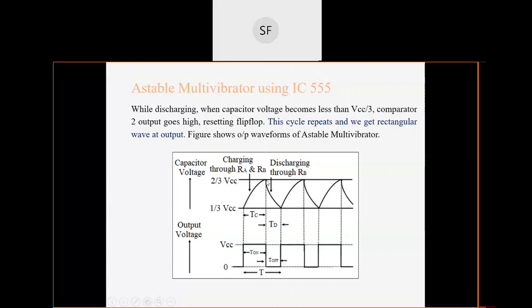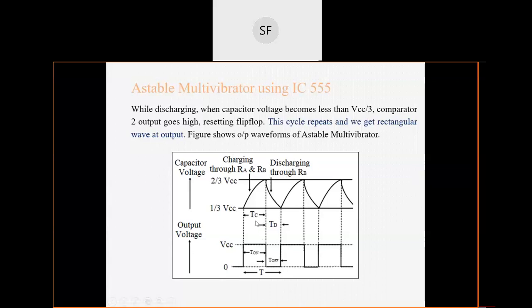It will change its state and the capacitor will start discharging. So while discharging, the output was at the low state. Similarly, for charging again high, and discharging again low: high state, low state. Again charging is taking place through Ra and Rb, and discharging is through Rb only.